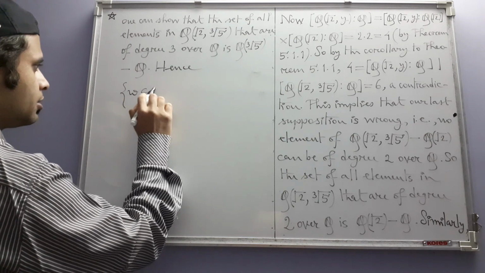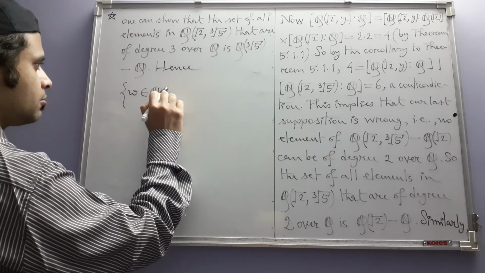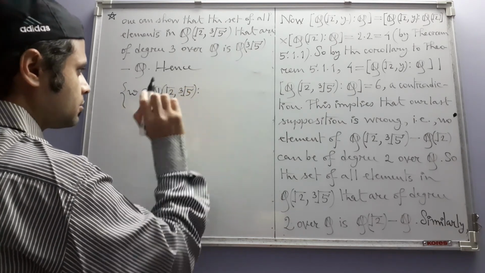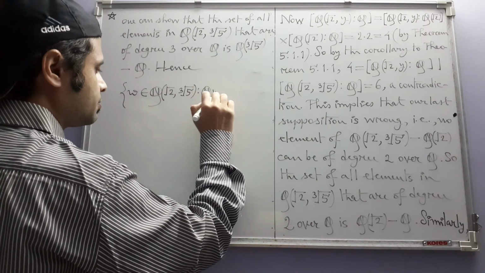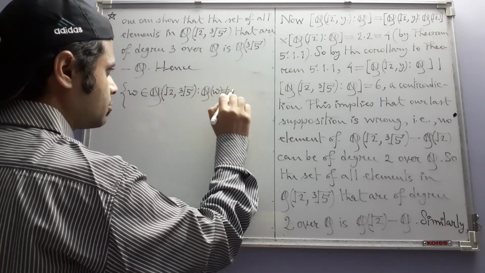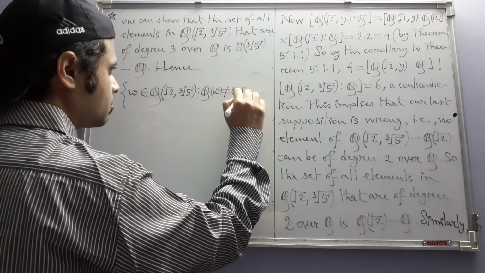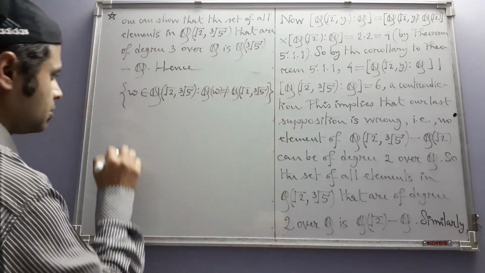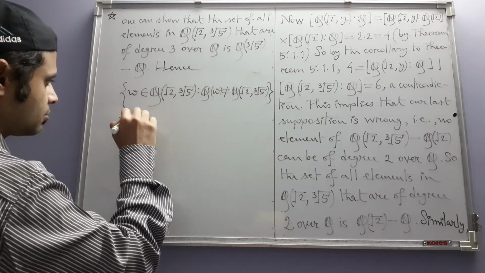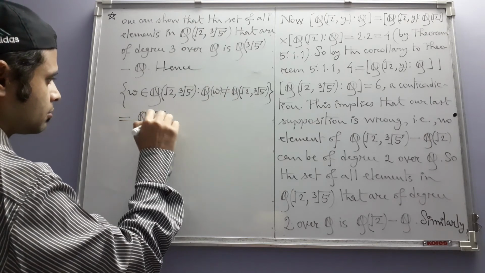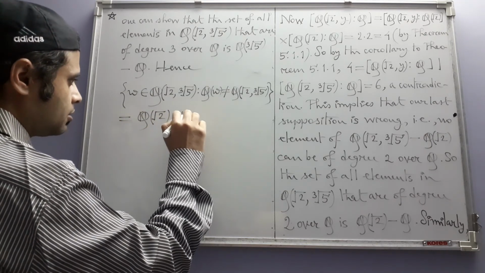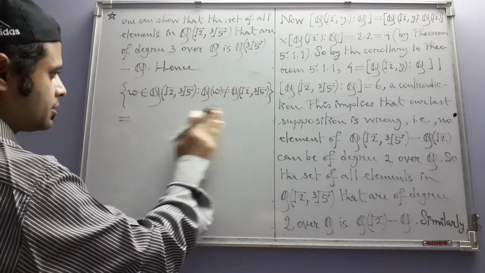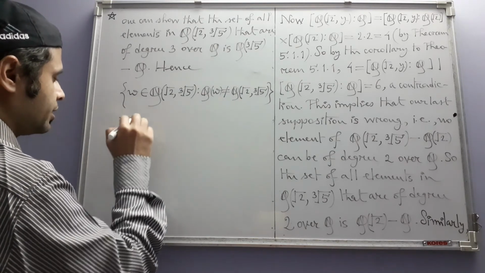The set of all w here such that Q(w) is not equal to this extension is this extension union this, or in fact let us just show how we are getting this thing.